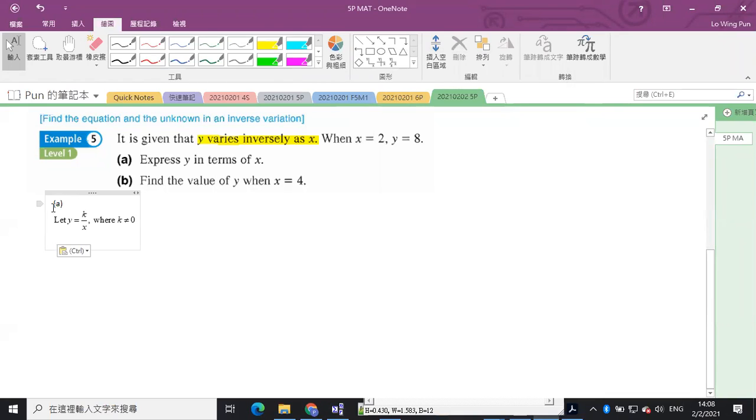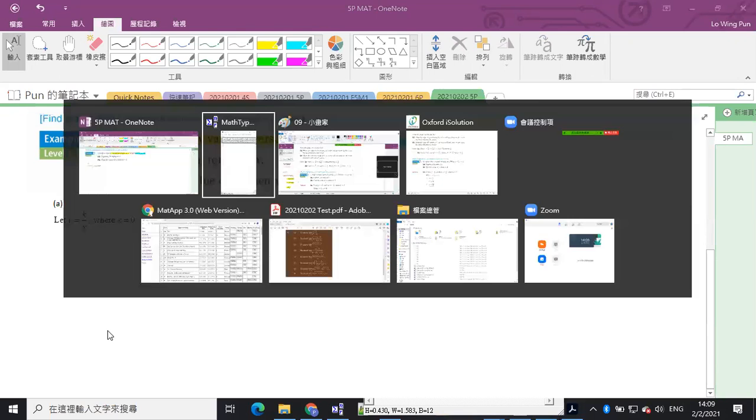The k is the unknown that you define yourself, so you need to find the value of k yourselves. Normally the question will give you a pair of numbers. When x is equal to 2, y is equal to 8. This is the pair of numbers, and you substitute it into your equation.